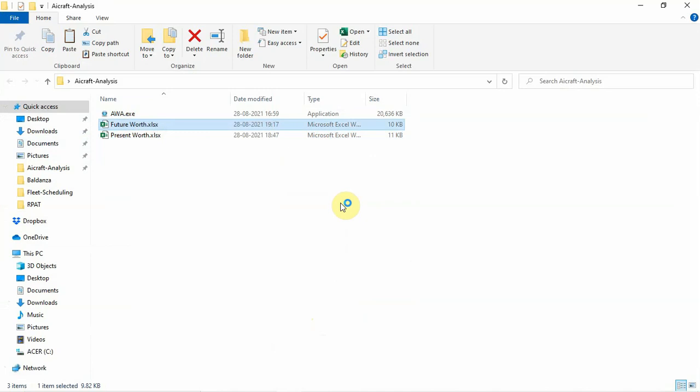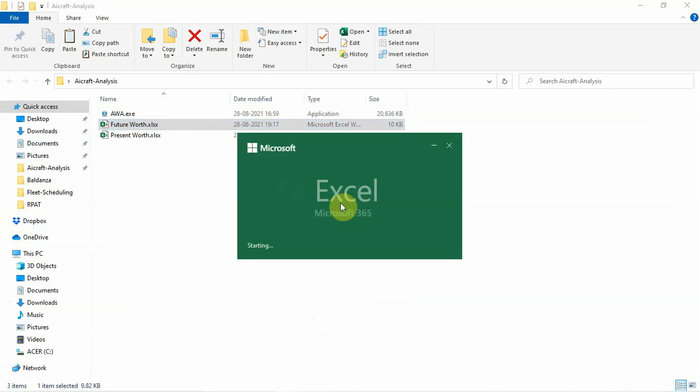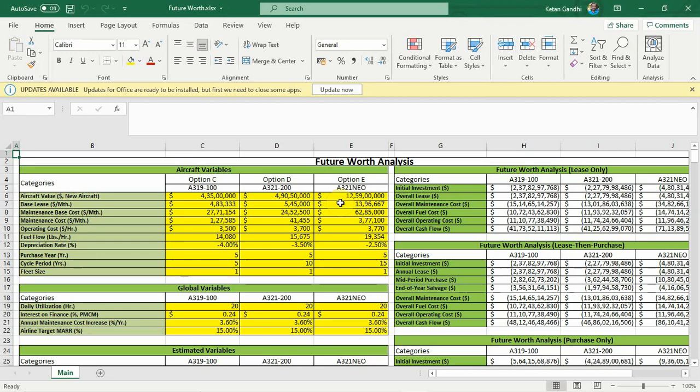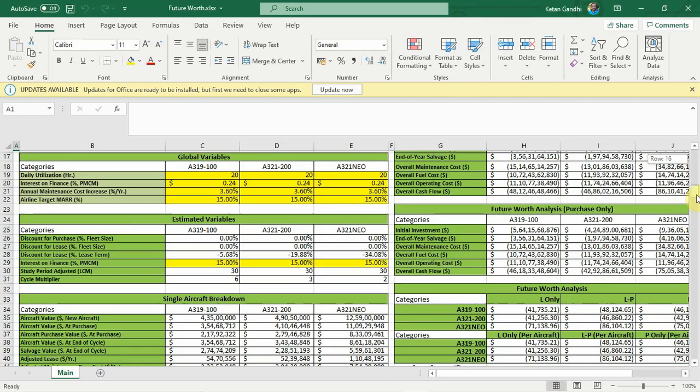Everything is almost identical based on the calculation. Basically, the present worth would be using the present worth formula, whereas the future worth would be using the future value formula. So that's the only difference.